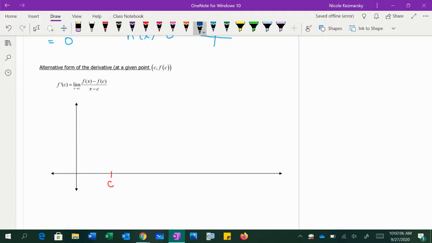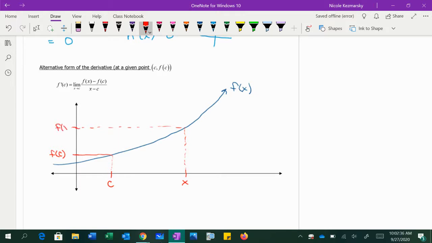Let me use my blue pen to just draw a generic function that we're going to call f of x. So the point c maps to the y value f of c. And I'm going to pick another point somewhere else, and it can be any point, so I'm just going to call it x. And that point maps to f of x.